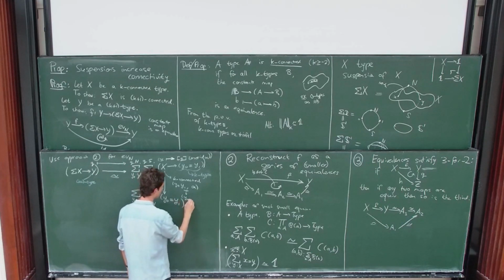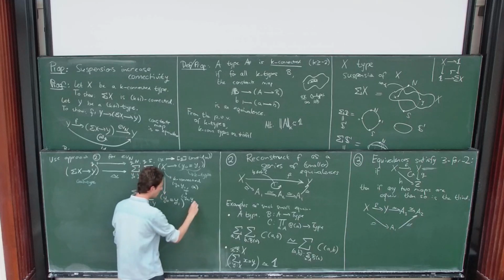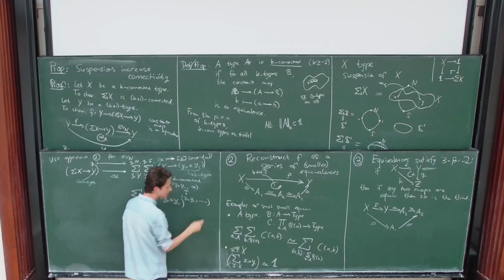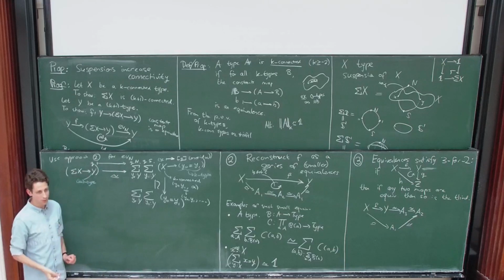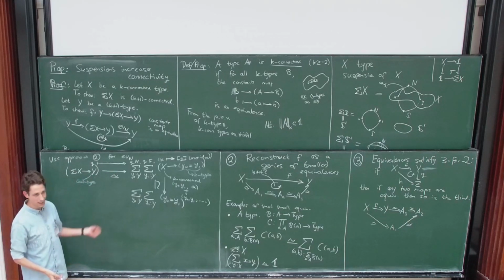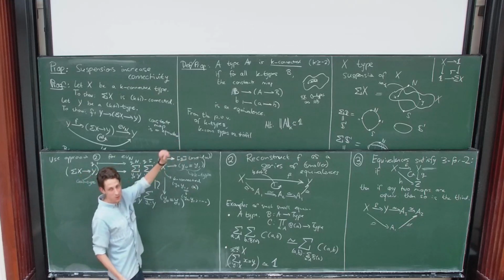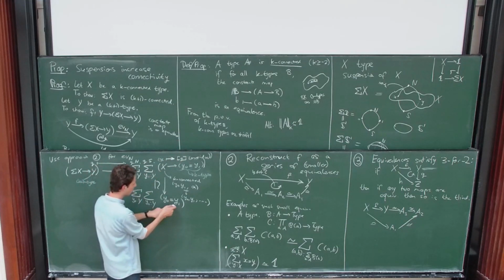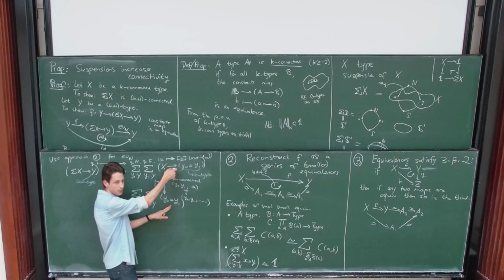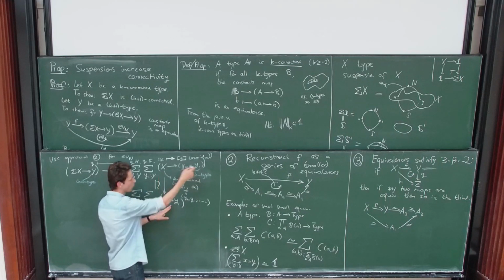So here you get y0, y1, and now here I get something that I can't be bothered to compute, but it doesn't actually matter for the end result of the argument. Because I know that the constant map is an equivalence, right? So I know what the map going from here to here is doing. It's taking an element here and just always outputting that.